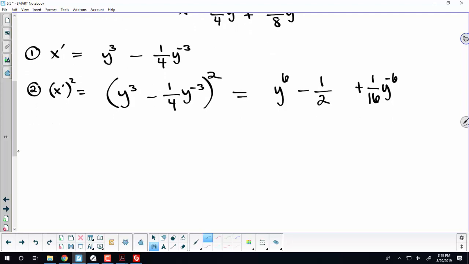And then we need to add 1 to all of that. And so when we add 1 to all of that, just combining like terms, we have still y to the 6th. We have now a positive 1/2, 1 minus a half. And then we have our positive 1/16 y to the negative 6.